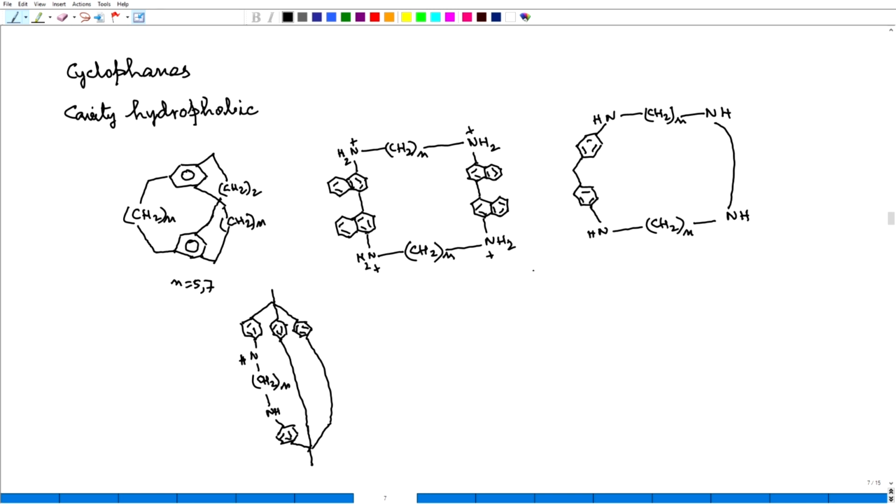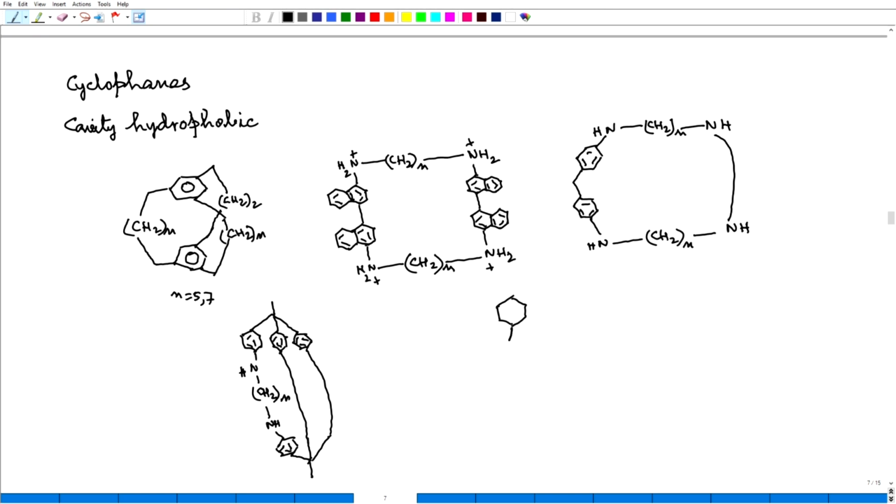Here is one interesting cyclophane. This structure I will write completely. This is an interesting cyclophane. Sometimes it is difficult to manage without writing.